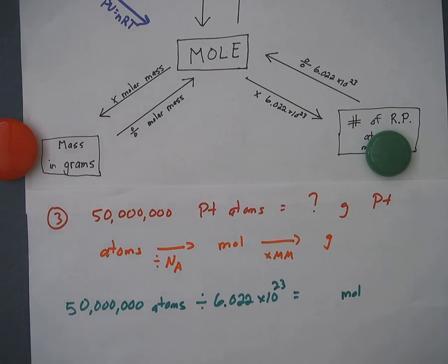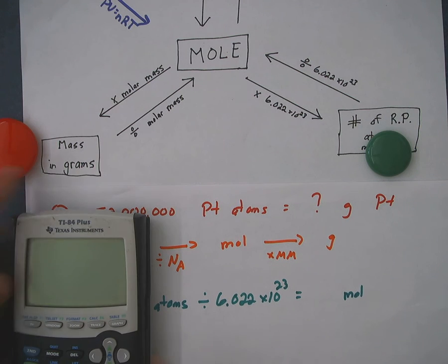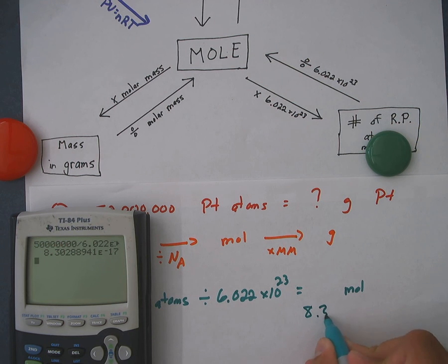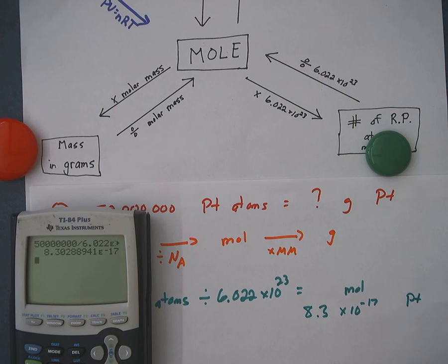I'll do it 1 step at a time just to show this here. 50 million divided by 6.022, and I'm going to use the E button, E23. And I get 8.3. And careful, there's this times 10 to the negative 17. That's really important. Moles of platinum.